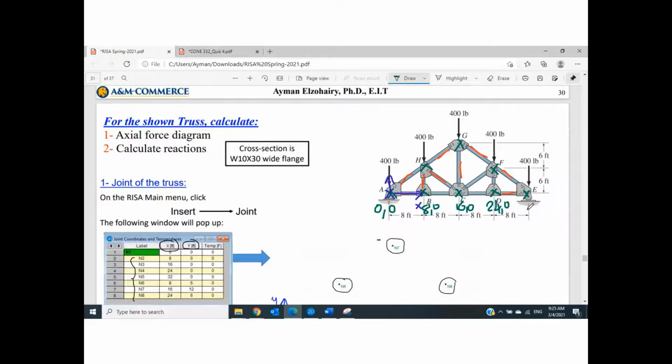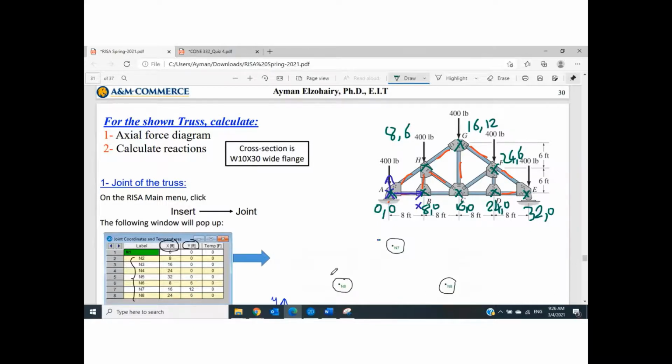Joint E, 32, and 0. Joint H, 8 in X, 6 in Y. Joint G, 16 in X, 12 in Y. Joint F, 24 in X and 6 in Y.